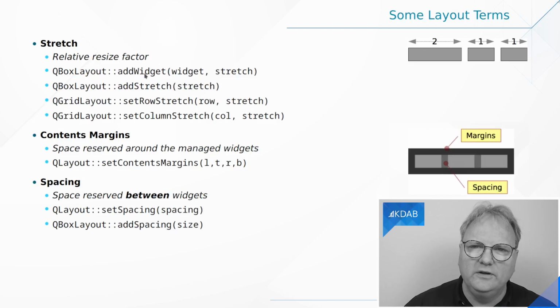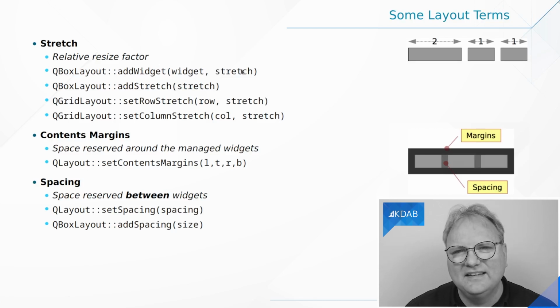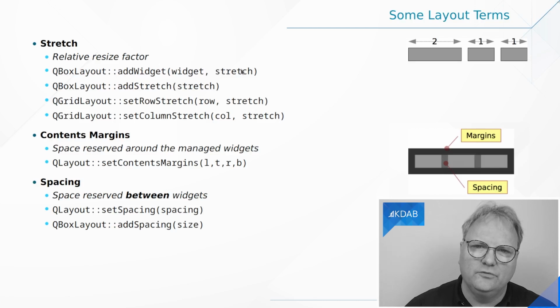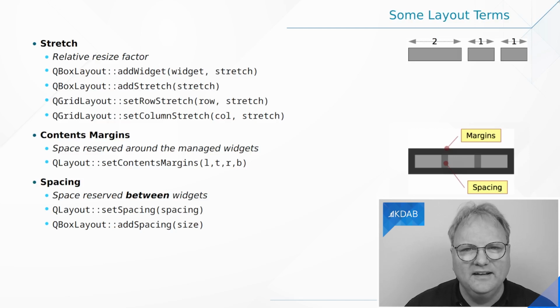The addWidget method that we've seen in action so many times actually takes a second parameter, and that is a stretch. What that means is not how many extra pixels it should be getting. The unit is just a number, a fraction of the available space. It's not an absolute number in itself.